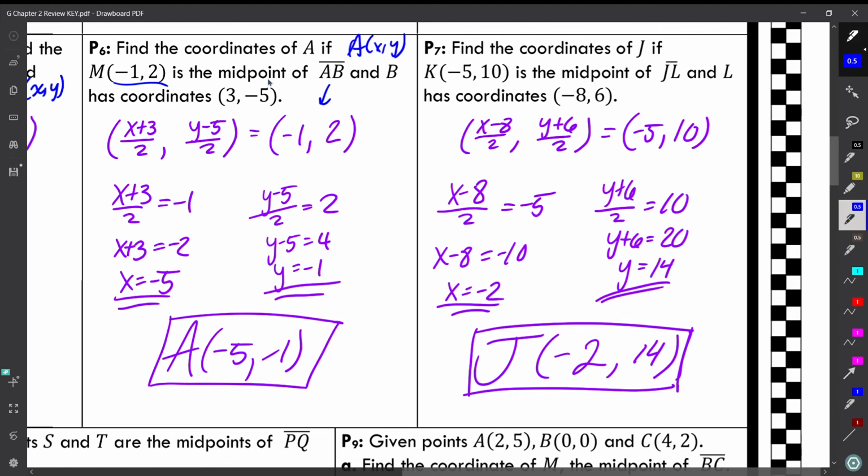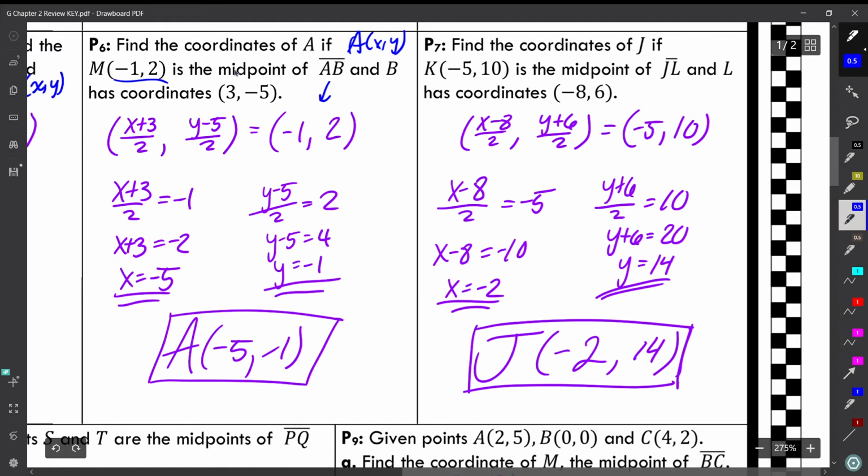Set the x coordinates equal, set the y coordinates equal, and solve. Okay, so solving this down, if we follow my steps here, I get x is -5. Over here, my second equation, multiplying both sides by 2, subtracting 5, you get y is -1, so the coordinates of the other endpoint A are -5, -1.